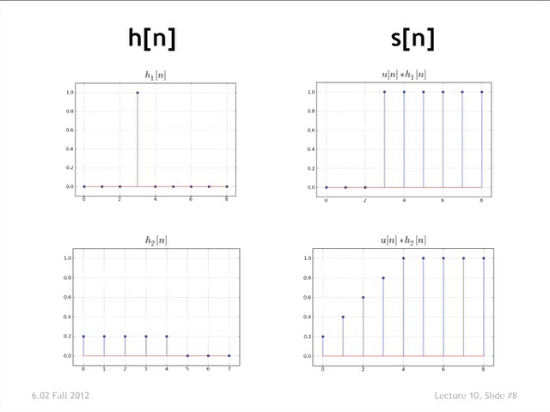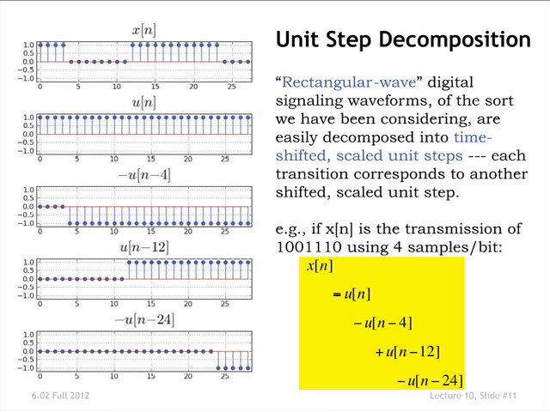Now, why do we talk about step responses so much? Well, it turns out that for a lot of what we do with signaling on communication channels, we're signaling with signals of this type, on-off type signals or plus-minus signals, the sort of square wave type signals or rectangular wave signals. And these can be thought of as combinations of unit step functions.